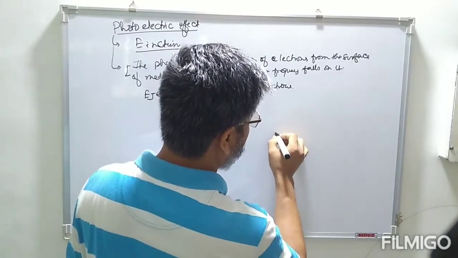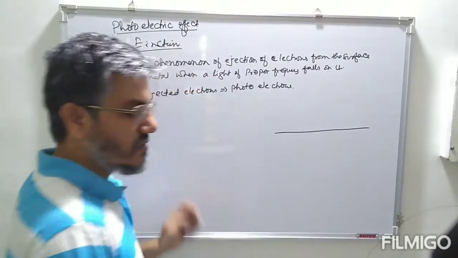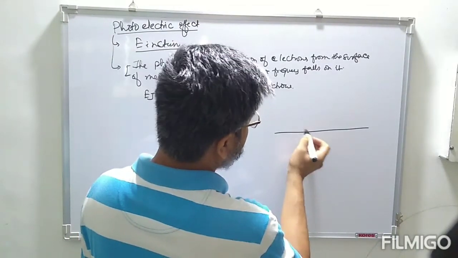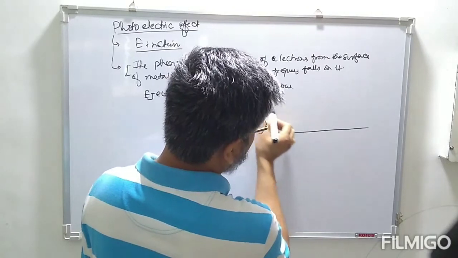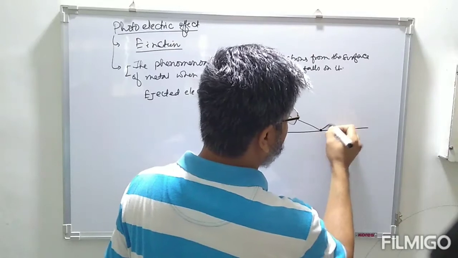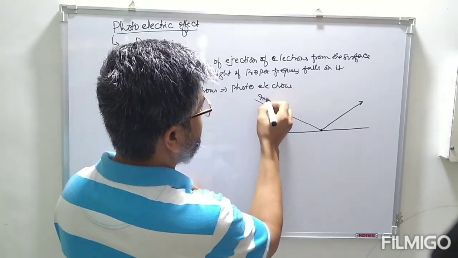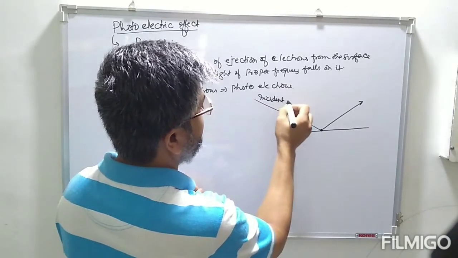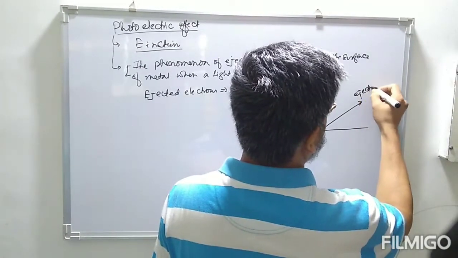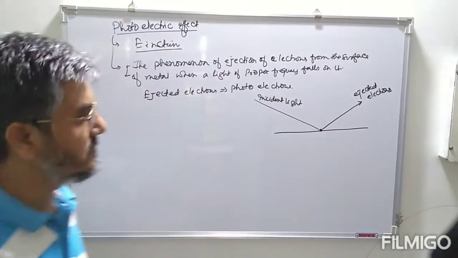So suppose we have a metal surface. On this metal surface we have thousands of electrons, and a light of particular frequency falls on the surface, and this removes the electrons. That is incident light, that is ejected electrons.